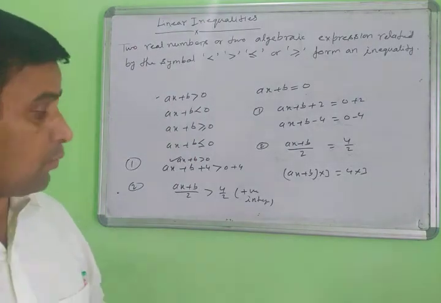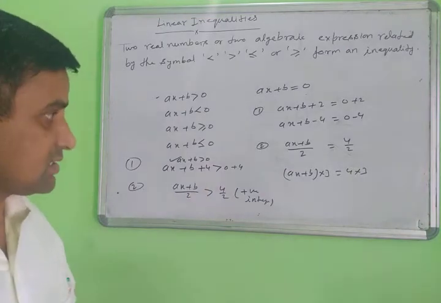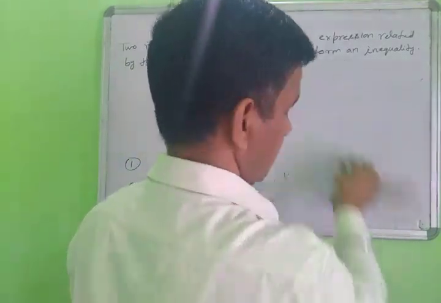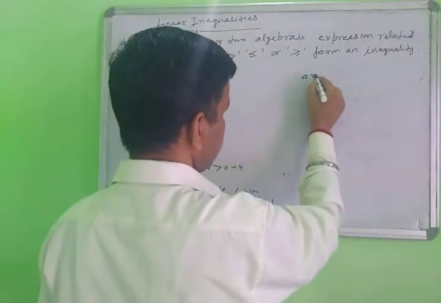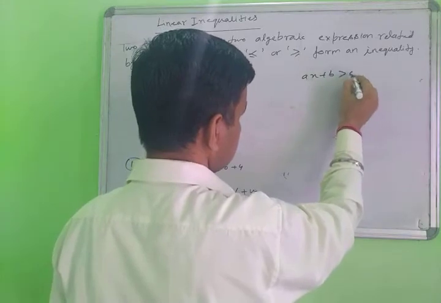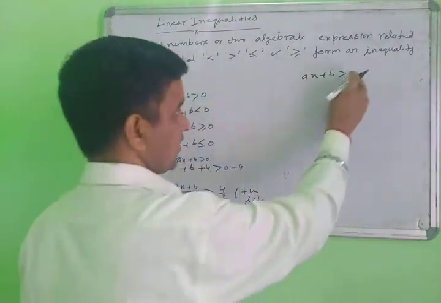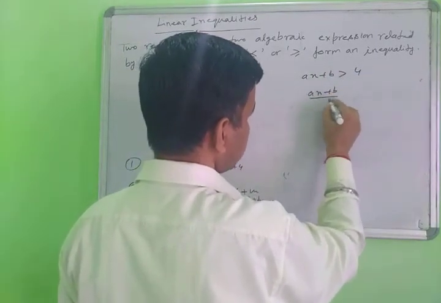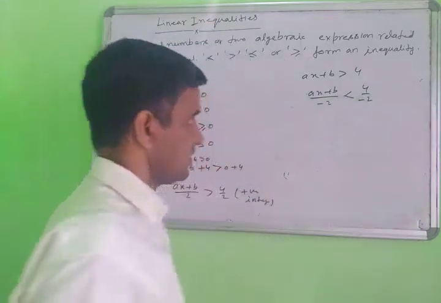But when you multiply or divide by negative numbers in an inequality, suppose the inequality ax plus b is greater than 4, then the sign is changed.